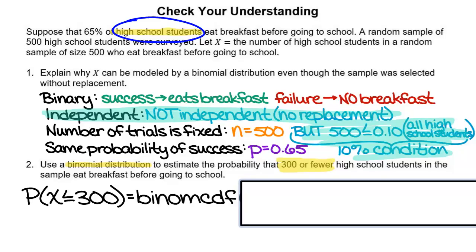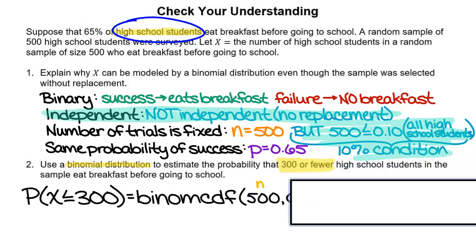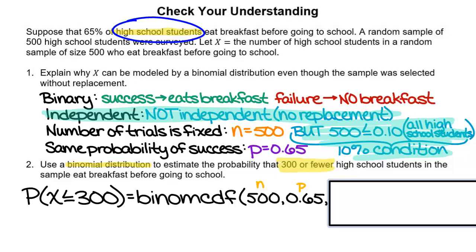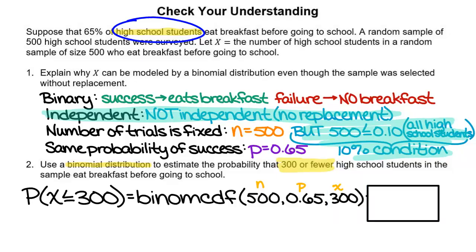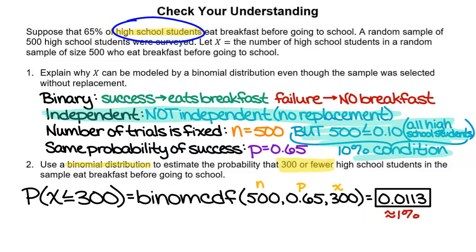What are the 3 parameters that we need to feed into it? 500. Make sure you label that as N when you write it down on your page. 0.65. Make sure you label that as P. And then 300. Make sure you label that as X. And what did you get? 0.0113, which is about 1%, right? 1.13% is about 1%.